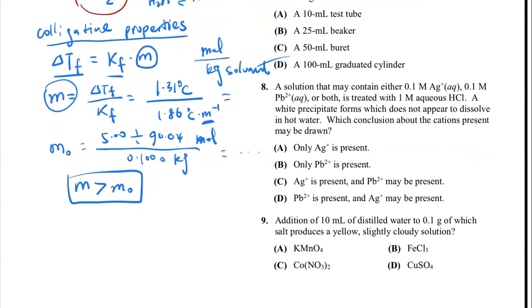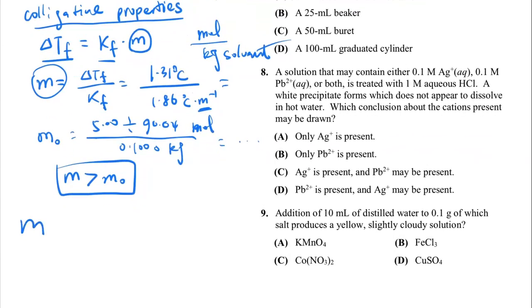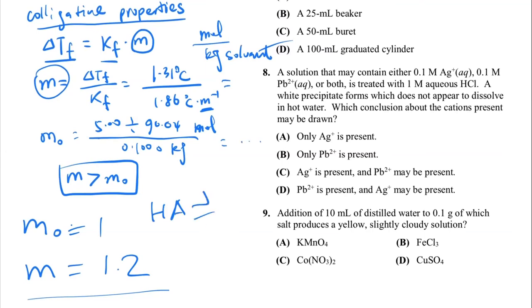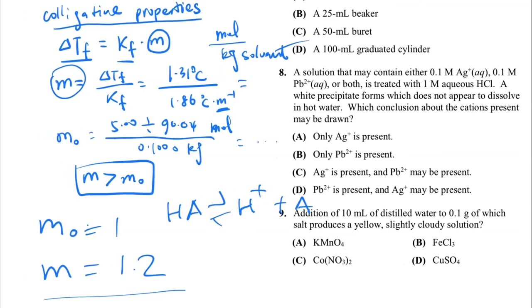So now say the M0 is 1, 1 mole per kilogram. And then the M calculated from the freezing point depression is 1.2. And then obviously a certain amount of the acid is dissociated, right? So you can use the RICE table, which is also called the ICE box, because you have HA change into H plus and A minus.